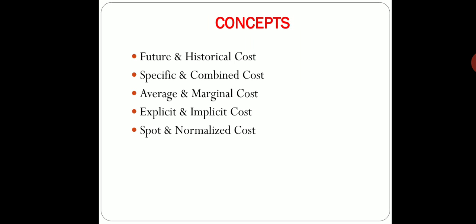Marginal cost is a cost of difference. It means if the company is going to raise an additional unit, or if the company is producing an additional unit, then whatever additional cost the company is going to bear is known as marginal cost.